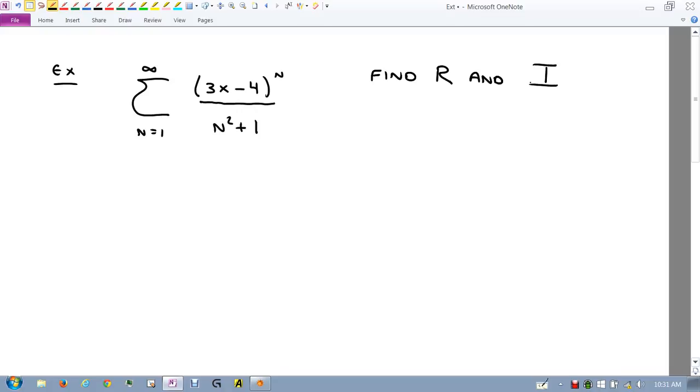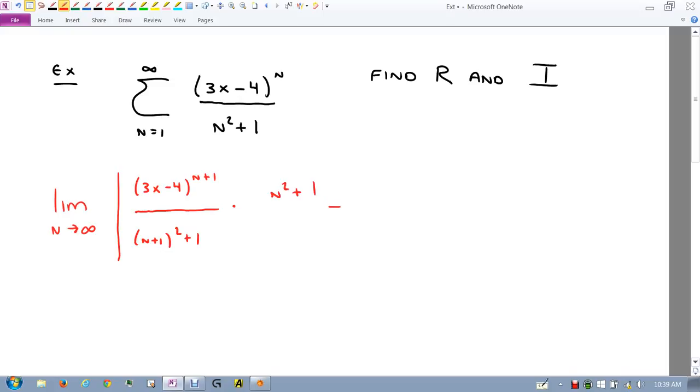And then maybe you'll have endpoints to look at, maybe you won't. You should have at least this. That's setting up the ratio test.